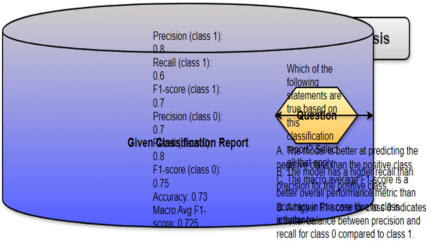The F1 score, a balance between precision and recall, is 0.7. For Class 0, negative, the precision is 0.7, recall is 0.8, and F1 score is 0.75. The overall accuracy is 73%, and the macro average F1 score, averaging F1 scores of both classes equally, is 72.5%.